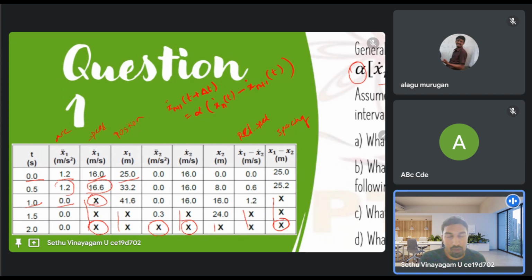Like that we have to find out all these x values, using the known values, at different time steps. You have to calculate the values in the cells marked with X. I have to use the General Motors first generation model for the follower. For the leader, you don't need that.